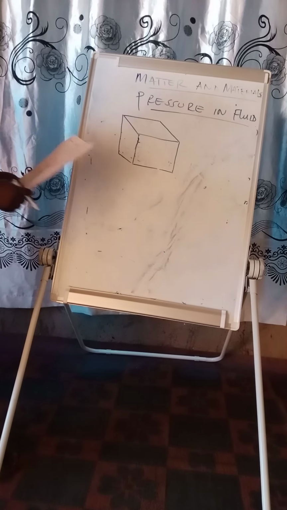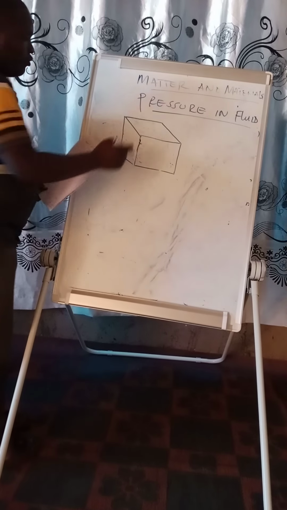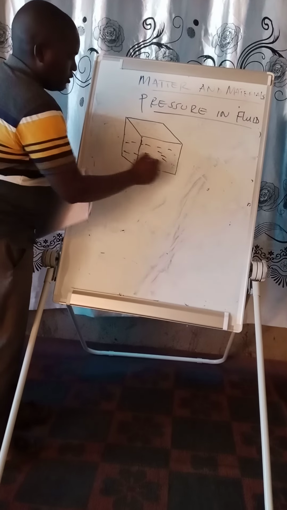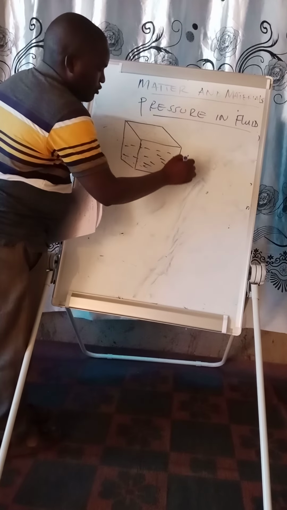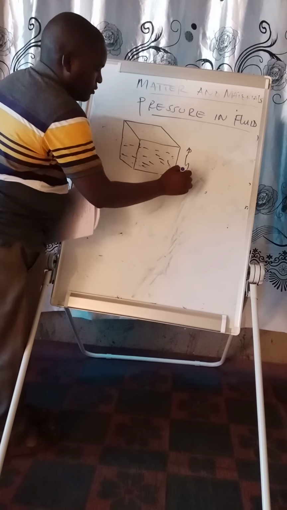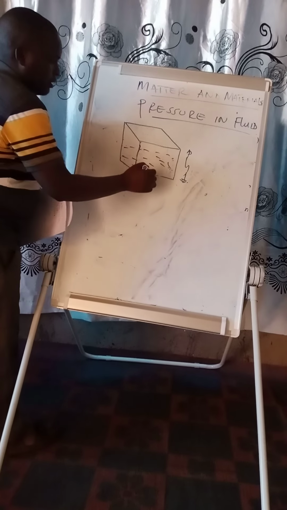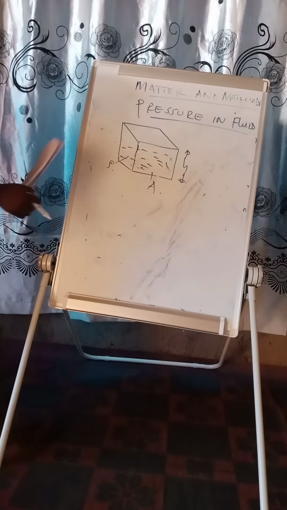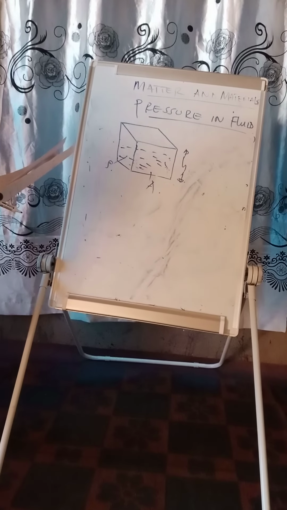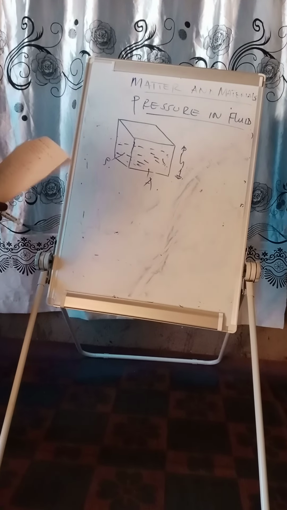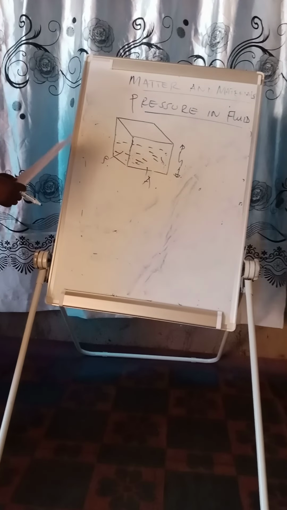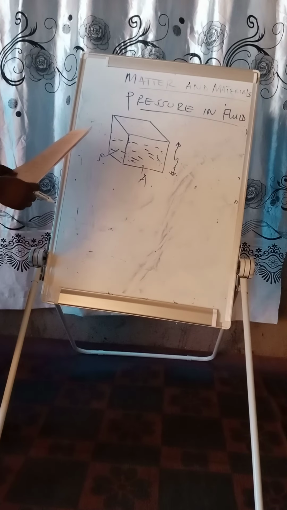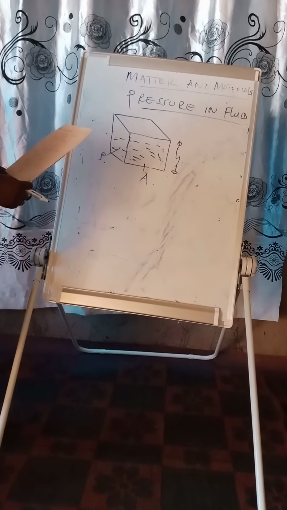For example, this is a water tank where water is inside like this, and this is the depth of the container, and the area of the container, let's say A, and the density of water is rho. Here our main objective is to look at which factors pressure depends on in the fluid.